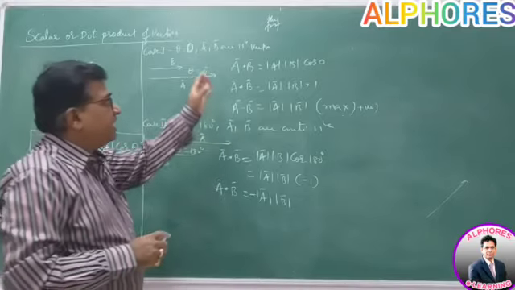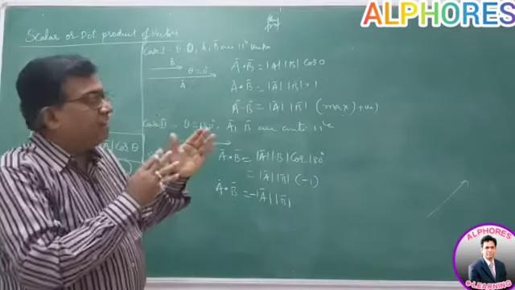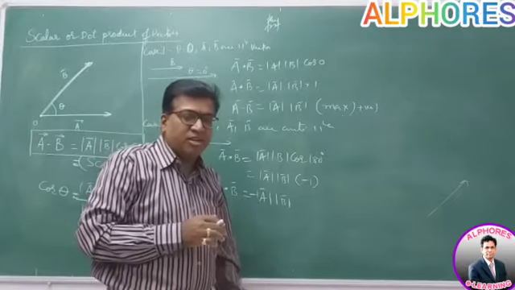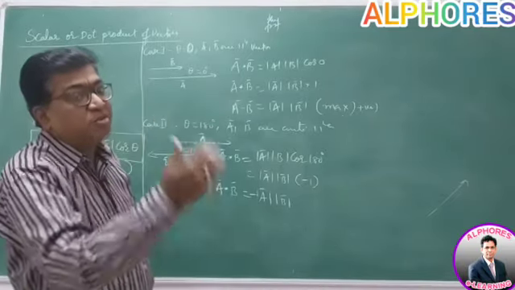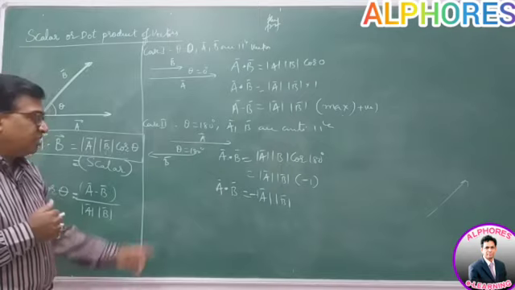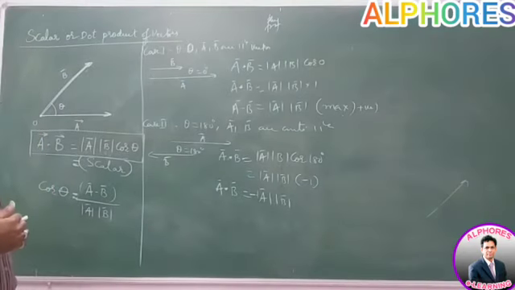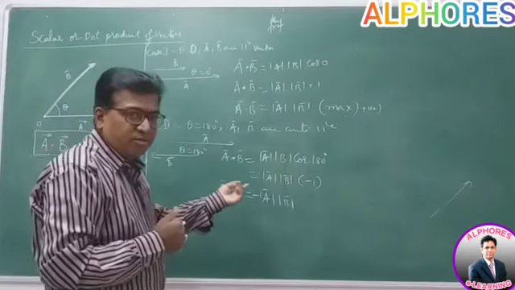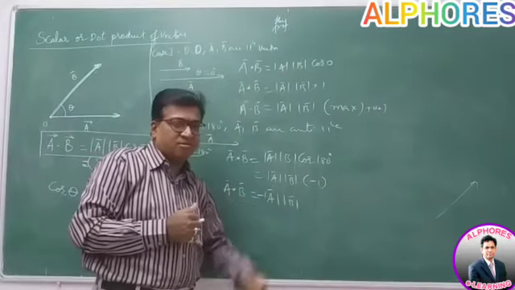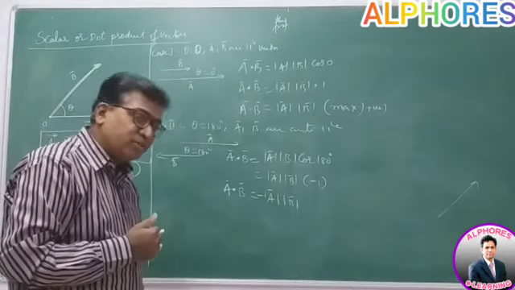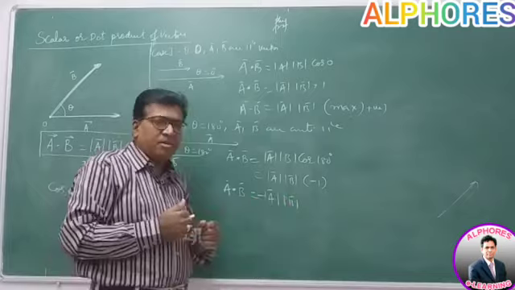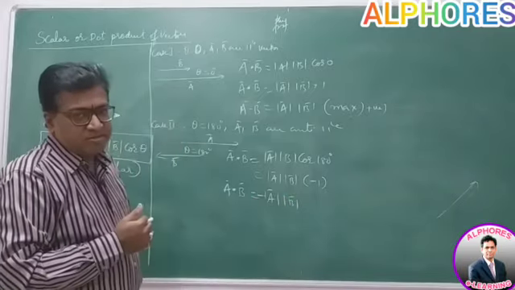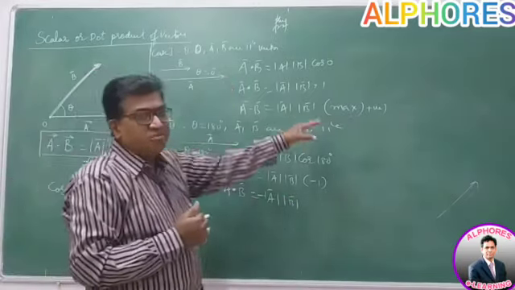When theta is 0, when vectors are parallel, the dot product is the positive maximum. But when they are at 180 degrees, in opposite directions, the dot product is the negative maximum. It is the same mod A mod B magnitude, but negative. For 0, it is the positive maximum.